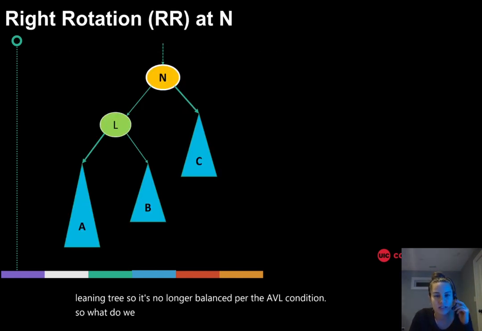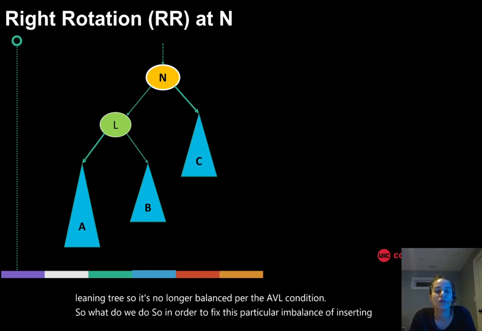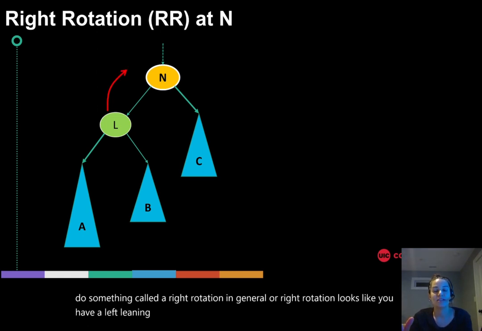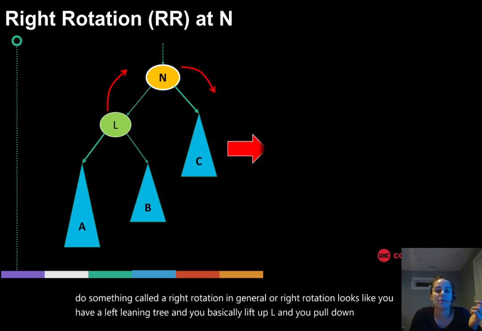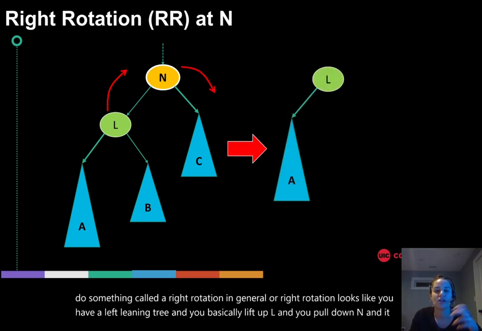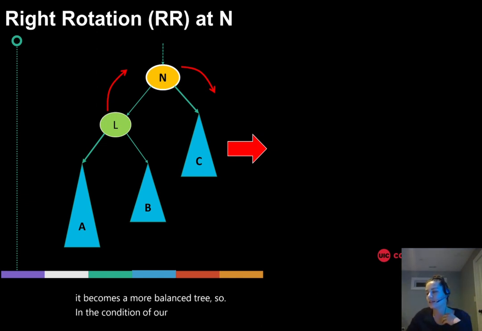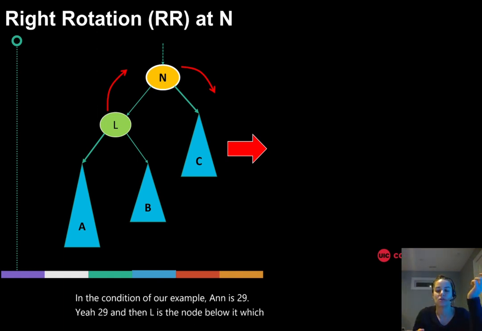In order to fix this particular imbalance of inserting 5, we do something called a right rotation. In general, a right rotation looks like this. You have a left-leaning tree, and you basically lift up L and pull down N, and it becomes a more balanced tree. In our example, N is 29, and L is the node below it, which is 17, and you're just going to reverse them.